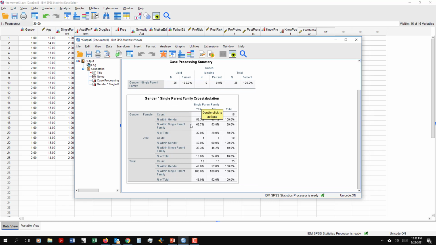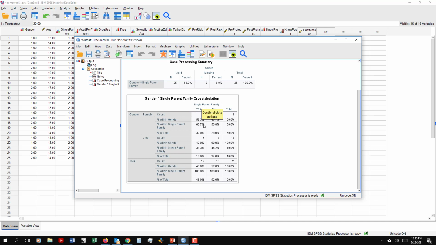Yes. Okay. Of the females, all of our females, 53% of our females live within a single parent family home. Of those who report they live in a single parent family home, 67% are female. So again, more of our females are living in single parent family homes.